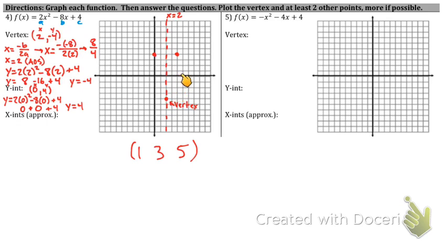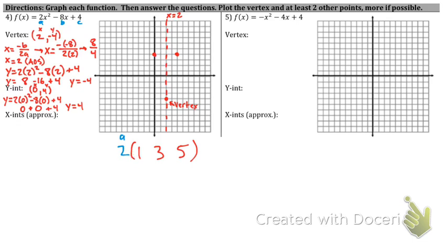If I go over 1 again, I go up 5. But in order to use this properly, I have to adjust it using my A value. So my A value gets multiplied in to get my true pattern. So here's my A value, and all we're going to do is multiply to get my true 1, 3, 5 pattern.